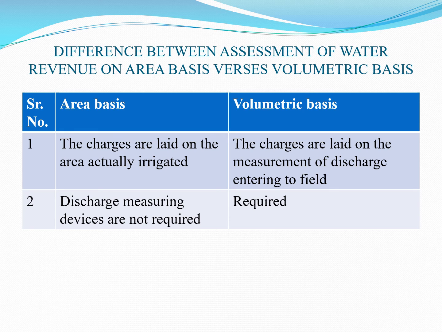First, in area basis, the charges are laid on the area actually irrigated, and in volumetric basis, the charges are laid on the measurement of discharge entering the field, that is, the actual volume of water used at the canal outlet.